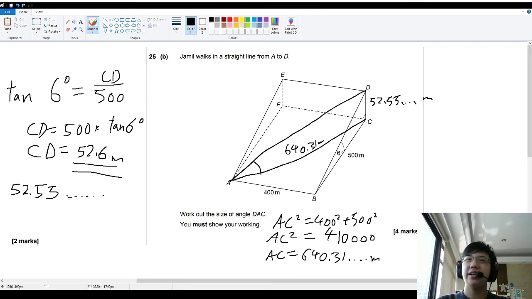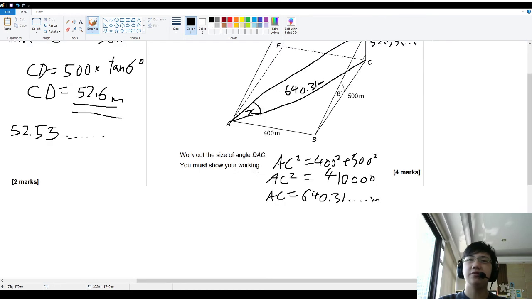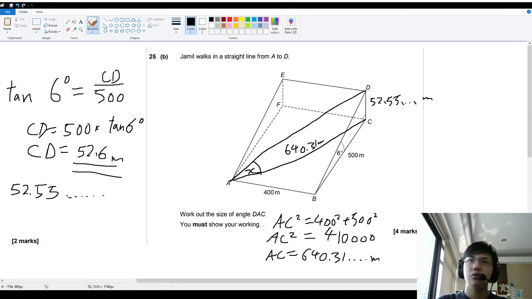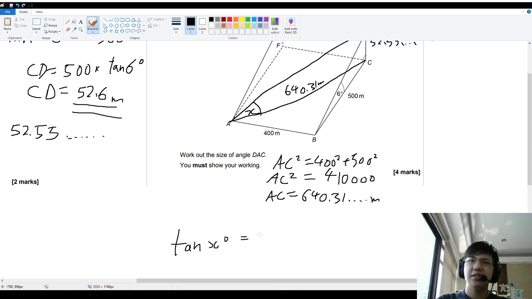And since we already have two sides, the opposite and the adjacent of DAC, we can figure out the size of angle DAC by stating tangent x equals the opposite, or 52.55 something, over the adjacent of x, or 640.31 something meters.